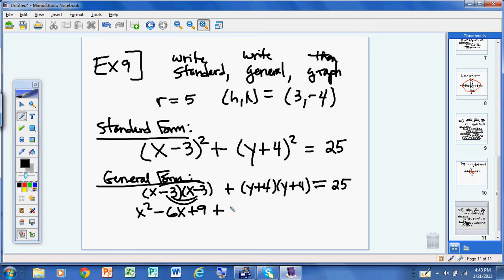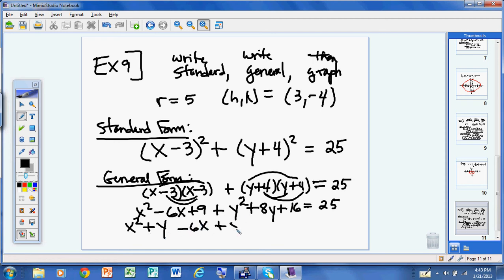Plus, first times first here is y squared. Outside times outside will be 4y. Inside is another 4y. This gives us 8y. And then last times last is +16 equals 25. Okay, so let's start to put this in the right form. We'll have x squared listed first, plus y squared, then minus 6x plus 8y, plus 25.